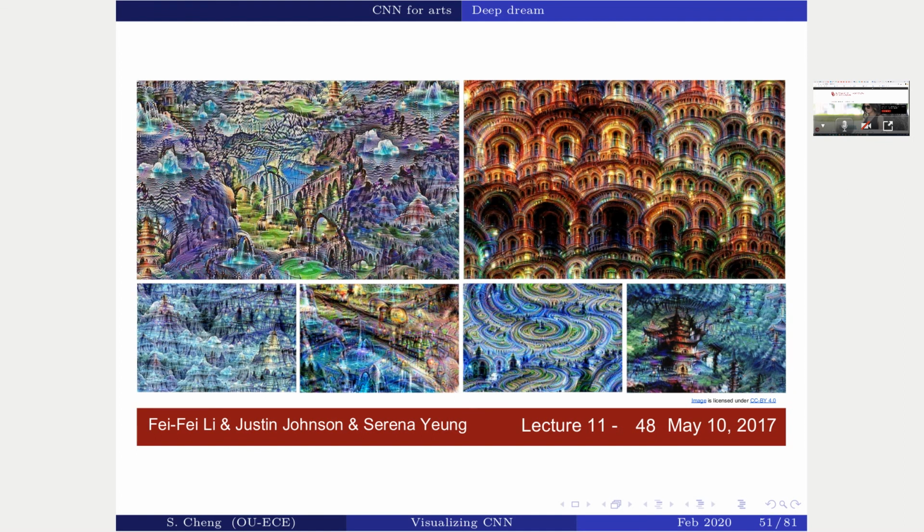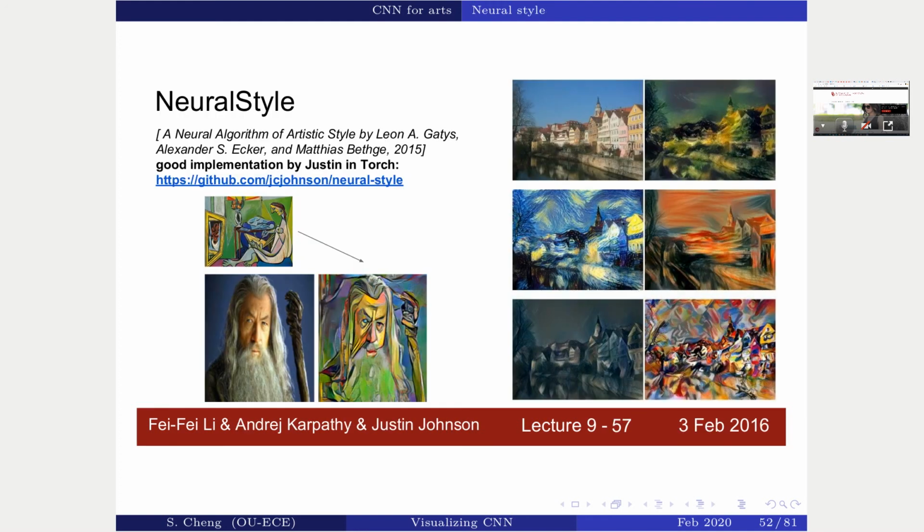But quite immediately, maybe a year afterward, people had an idea that has a lot of real application. They call it style transfer, neural style transfer. So it's something like you have a painting, you are basically trying to combine two paintings: you copy the style from one painting, copy the content from another painting, and create a new painting.